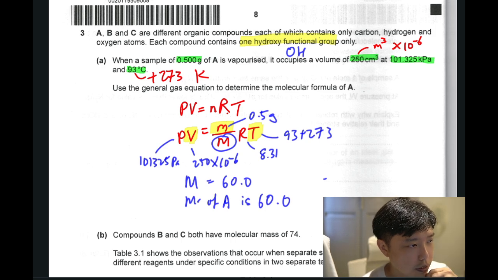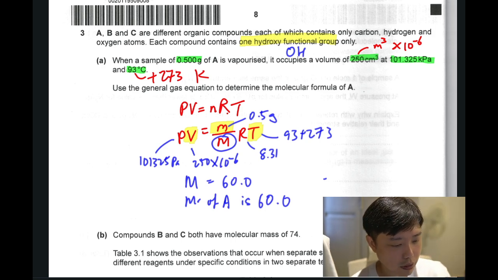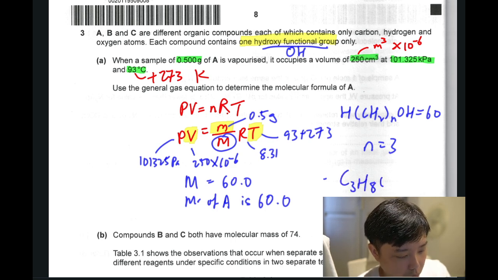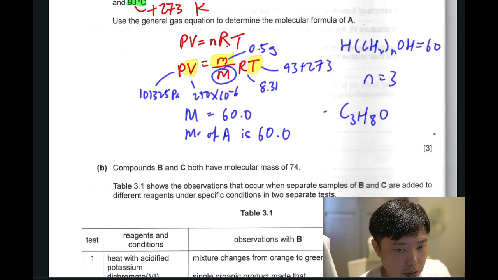So if it is a hydroxy functional group, you have CnH2n+1OH. Just let it equal 60 and find your n. In this case, your n is equal to 3. Molecular formula is C3H8O. So that is your answer over here.